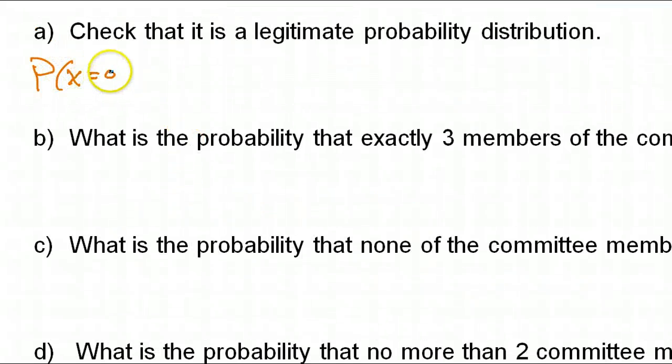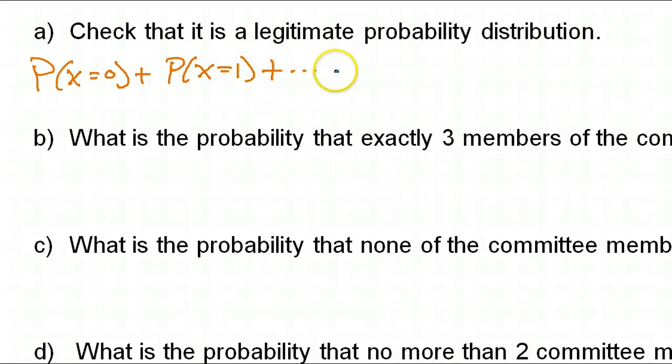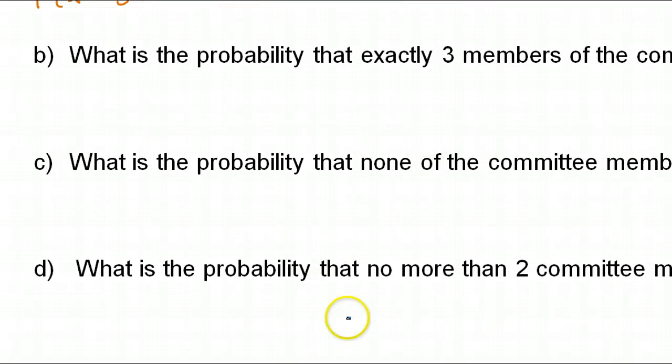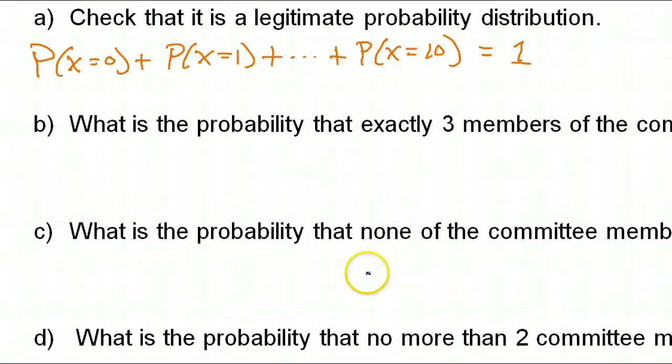Alright, probability x equals 0 plus the probability that x equals 1 plus dot dot dot plus the probability that x equals 10. Add up all those probabilities and you get 1. So there, I checked it. Make sure you actually do it.